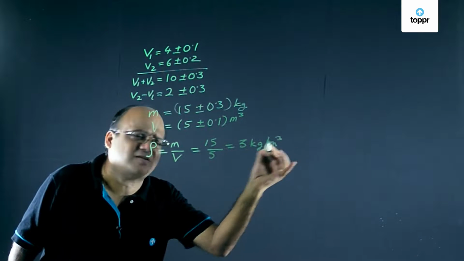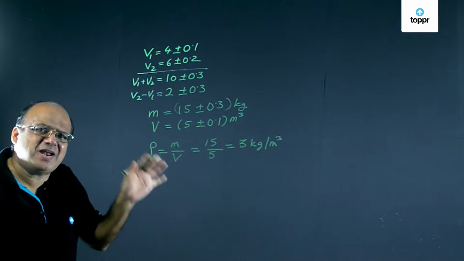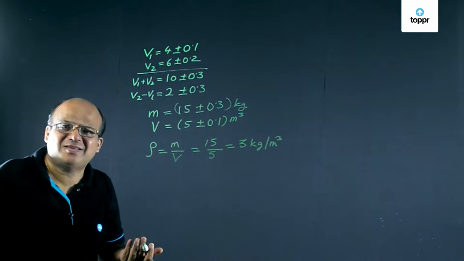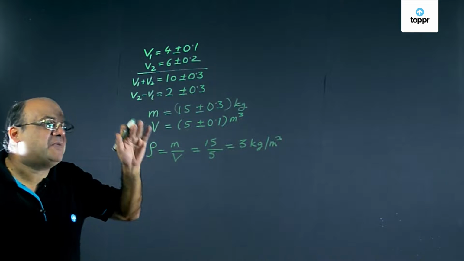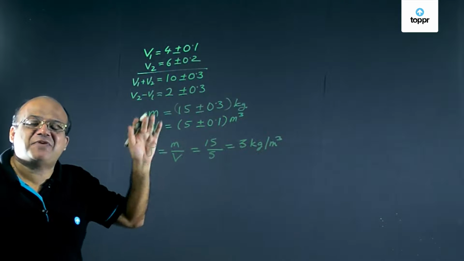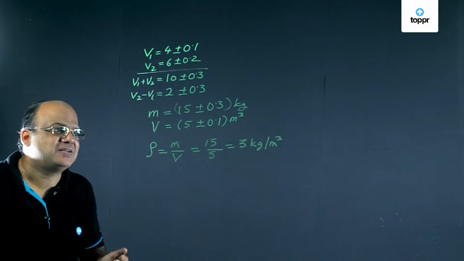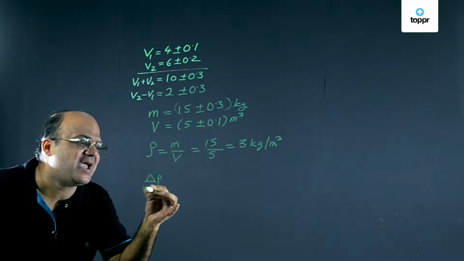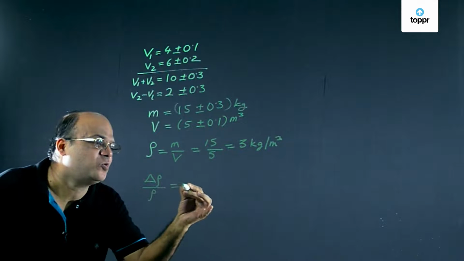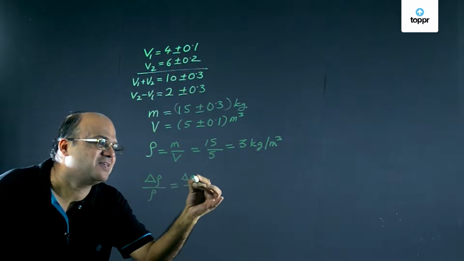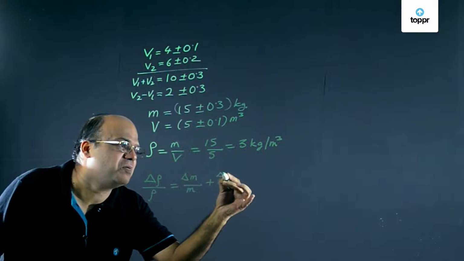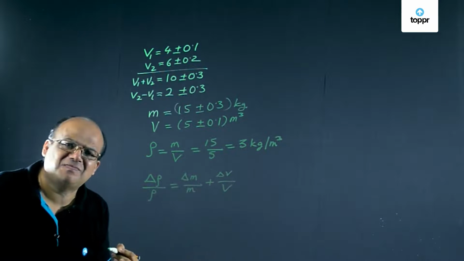But this is without errors. Now you have to find errors and give the answer. So how to find errors? Right, in multiplication or division, fractional errors are added. So error in density by density will be equal to error in mass by mass plus error in volume by volume.